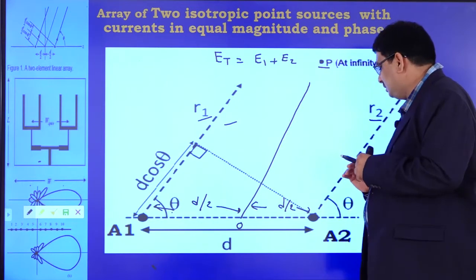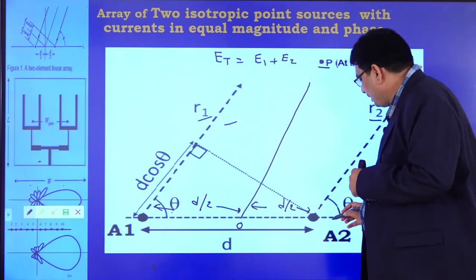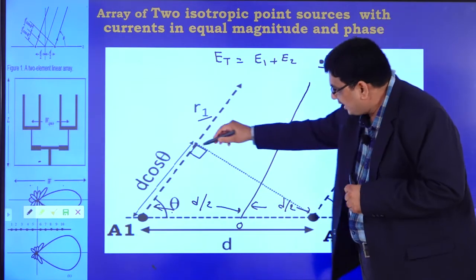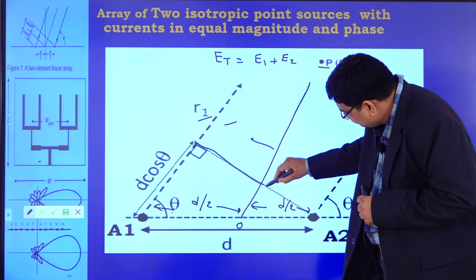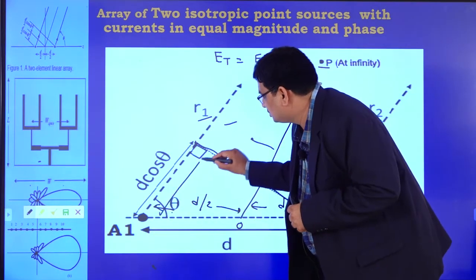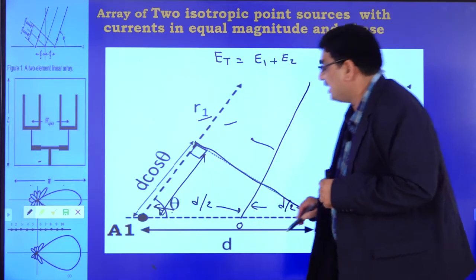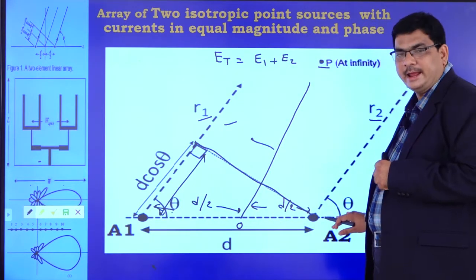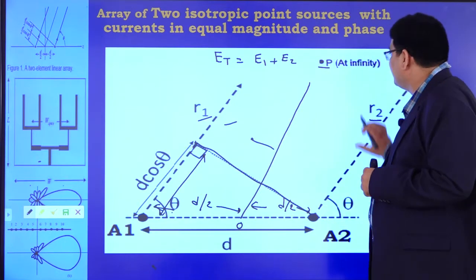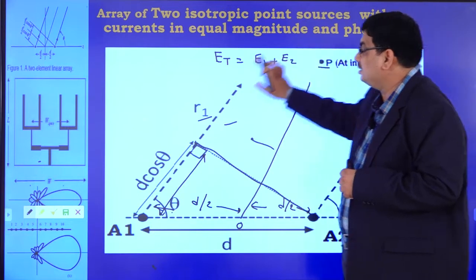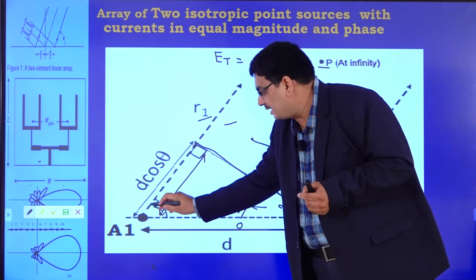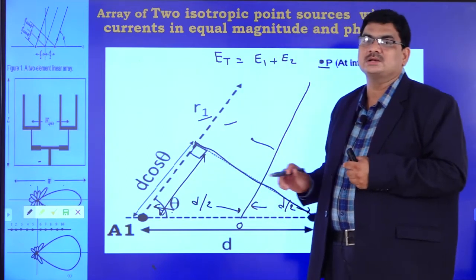But you see there is a path difference between A1 and A2. This is the additional distance, meaning A1 travels an additional distance compared to A2. So A2 will reach point P earlier than source A1 by a path difference of d cos theta.